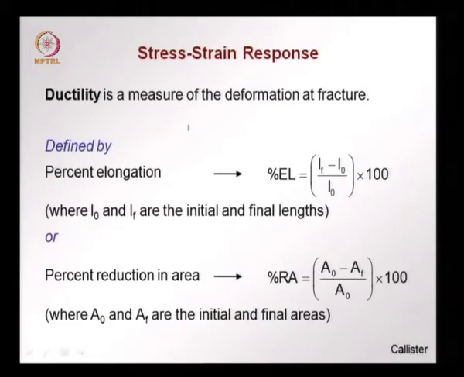It can be defined in two ways: percentage elongation given by the difference between the initial and final lengths divided by the initial length, that would give the elongation, can be put in terms of a percentage, or we can look at percentage reduction in area, that is, we look at the cross section, change in cross section area divided by the initial cross section area is given as a percentage reduction in area, which also represents ductility. Other than this, we saw in the previous figure that the area under the curve can also be treated as a measure of ductility.